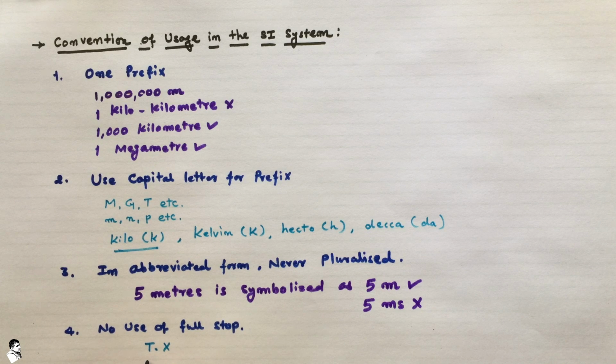This is wrong. If you write T, that is okay. So never use a full stop again. Then Pascal, that is Pa, and meter, that is small m, etc. This is the proper way of writing. Never use a full stop after the units.